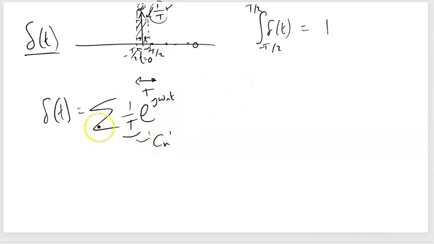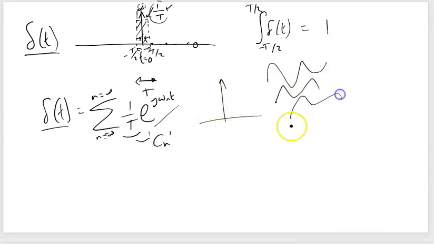Now, why is that such a special function? Well, remember this is minus infinity to plus infinity, so this is an infinite sum of complex exponentials, which means that this impulse contains loads and loads of sinusoids, an infinite number of them, which is pretty radical.